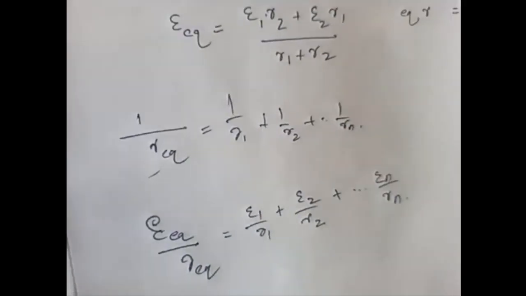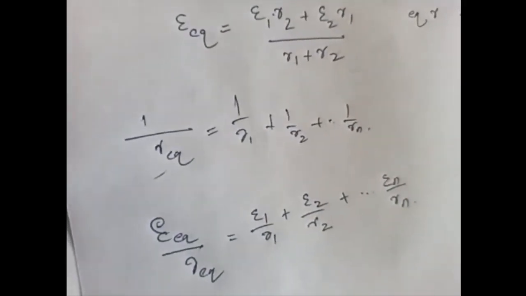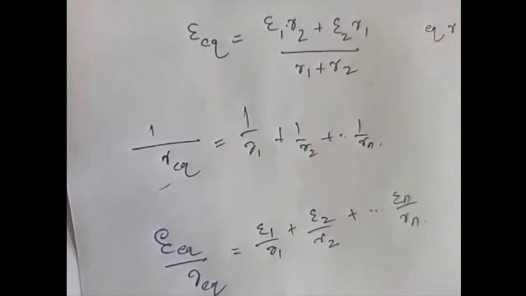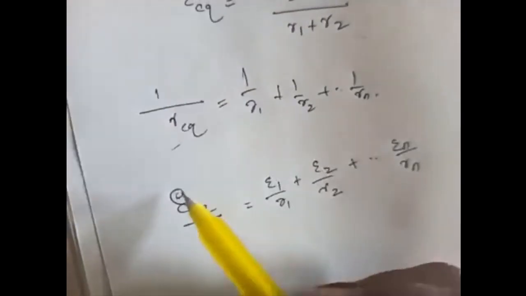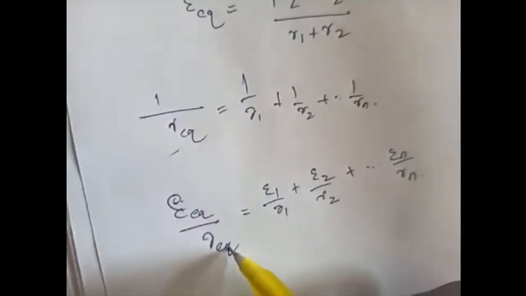A term called E equivalent by R equivalent, a current corresponding term is coming, that is EMF by resistance.